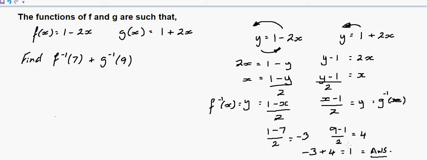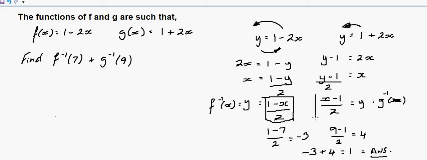Now it says that if we were to take the inverse of f and the inverse of g of x and add them together, it will always give a value of 0. This is really simple. We know that this here is the inverse of the f of x.